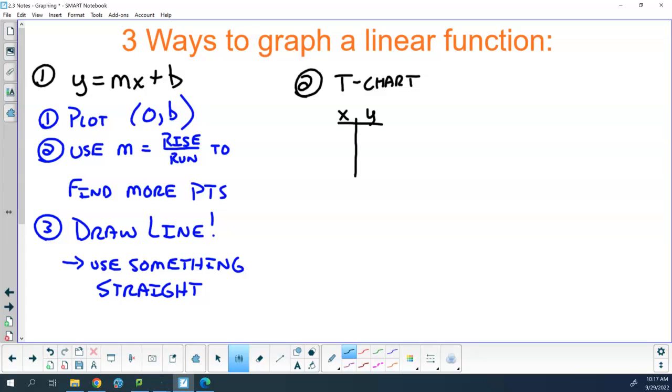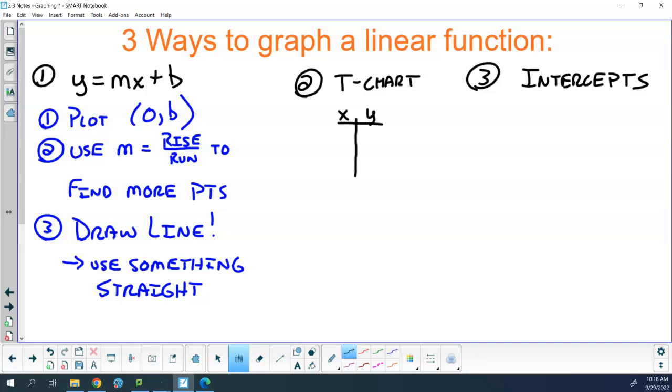Another method is you can use the intercept method. Meaning you can find the x-intercept, find the y-intercept, and you can use those 2 points, connect those 2 points, and that gives you the line.